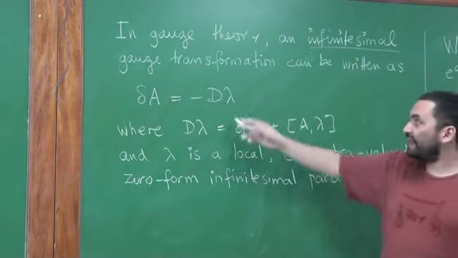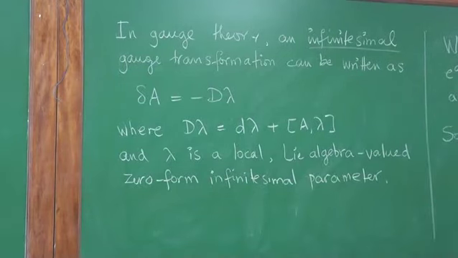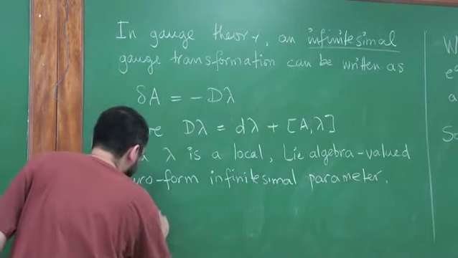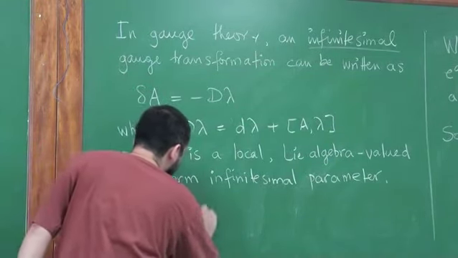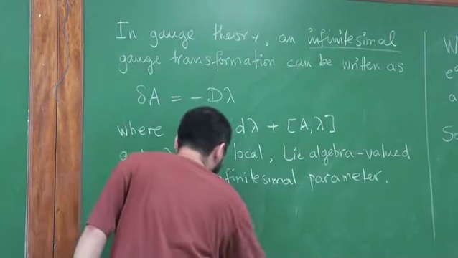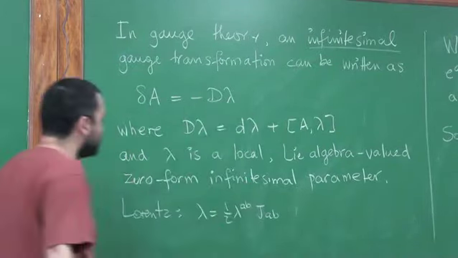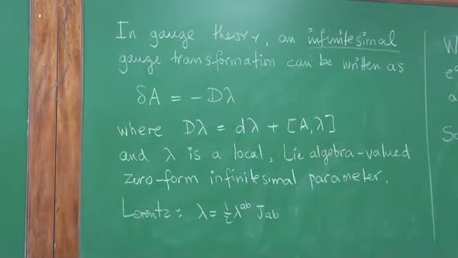And this parameter takes values in the Lie algebra also. So for instance, in a Lorentz gauge theory, this lambda would be just that.